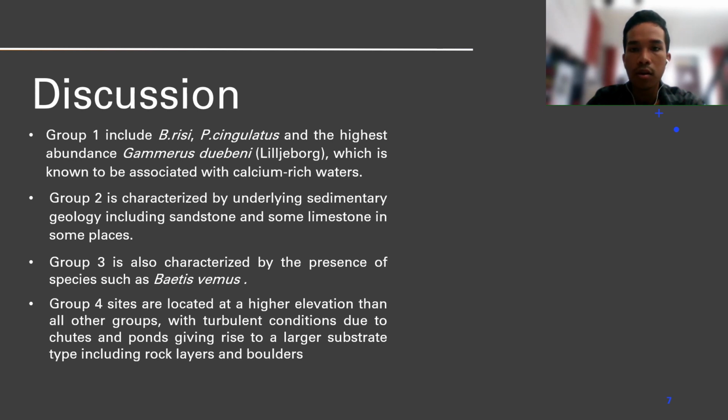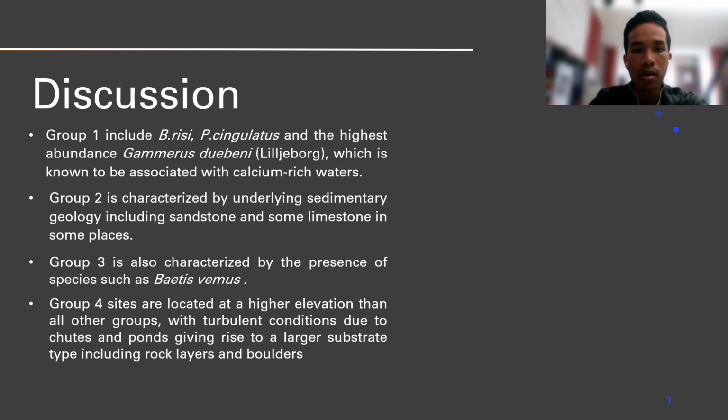When the stream orders were examined, lower amounts of B. rhodani were generally found in first order streams than in second order streams. This would suggest that the increased discharge of the second order rivers and the greater slope, both of which affect the flow, might support the higher abundance of B. rhodani.